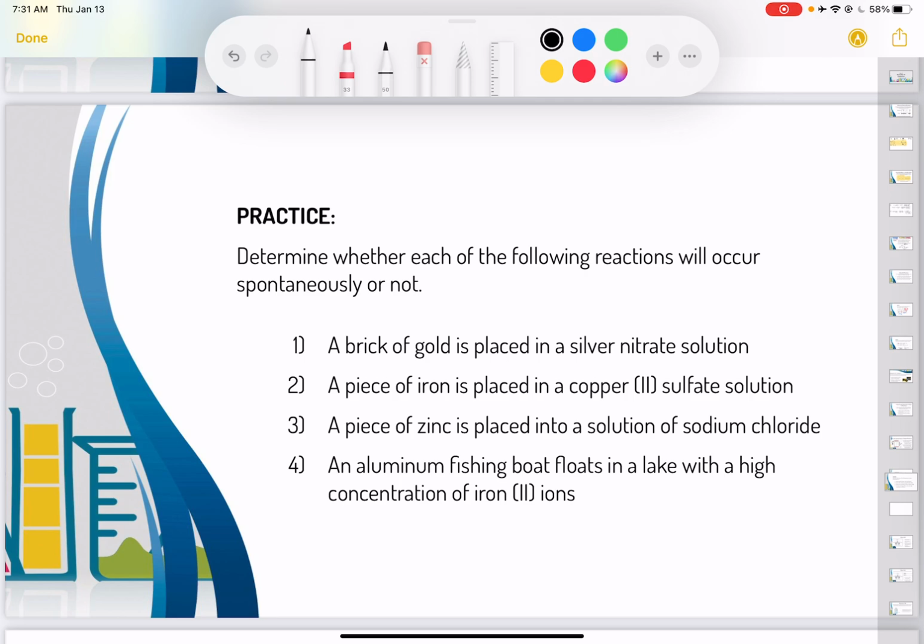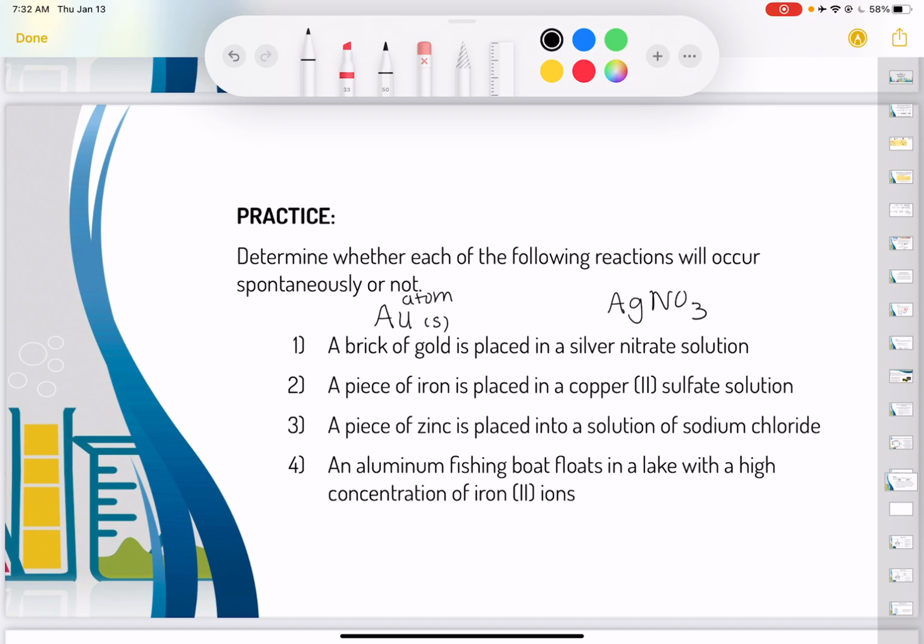A brick of gold is a solid, right? So we're going to assume that that brick of gold is that solid metal. That's the atom. Is placed in a silver nitrate solution. So the nitrate does not matter, but silver nitrate, that's this.